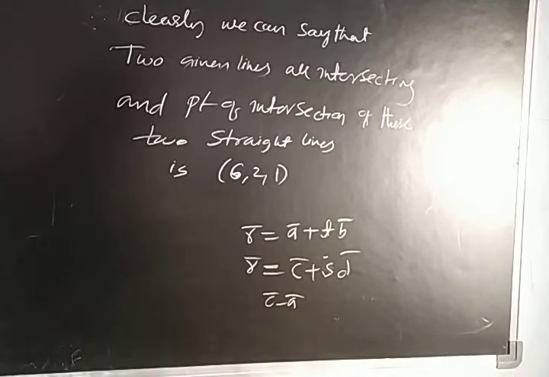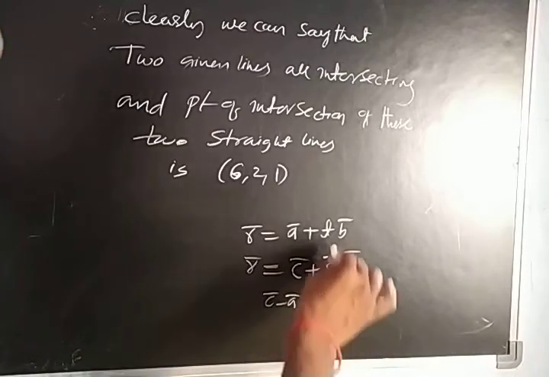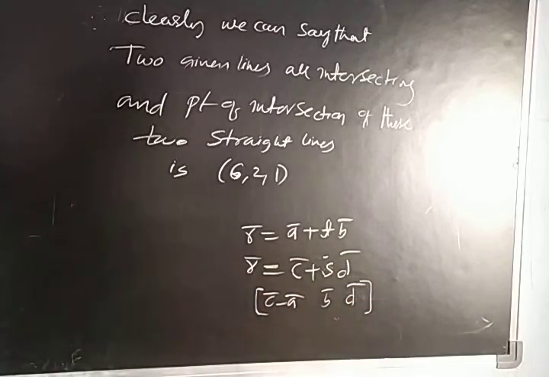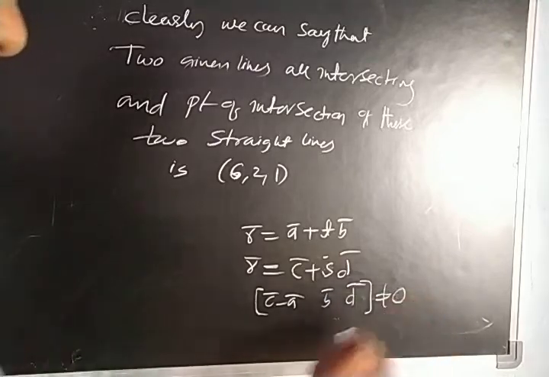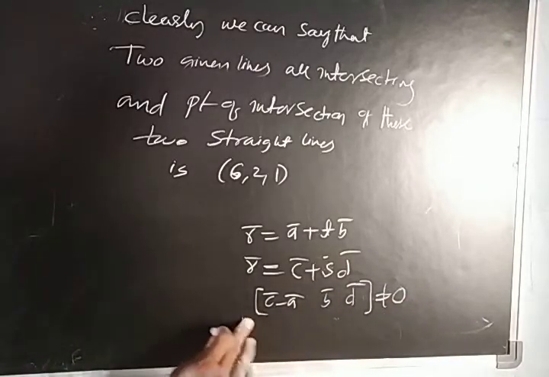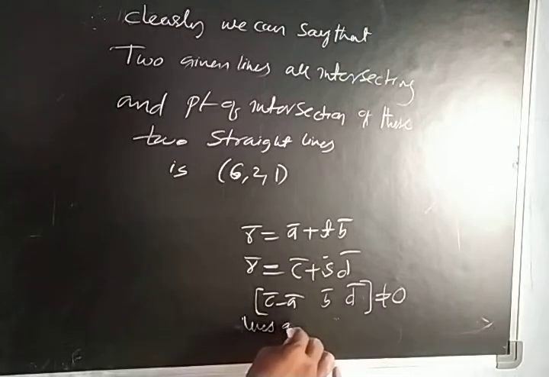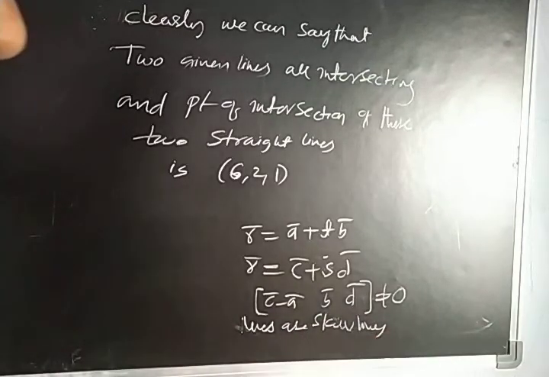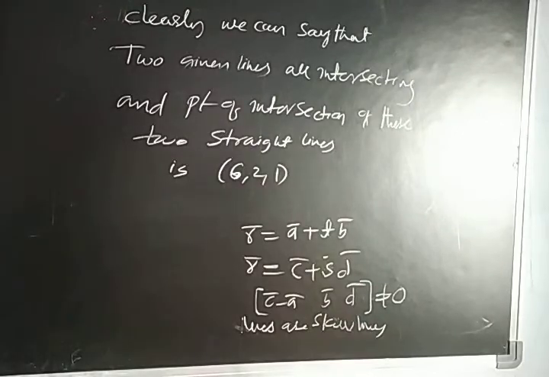After finding C bar minus A bar, take the B bar vector and the D bar vector and find the scalar triple product of those vectors. If that is not equal to 0, then the lines are skew lines.